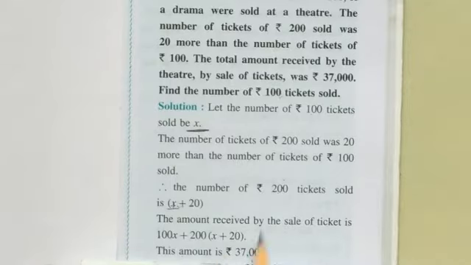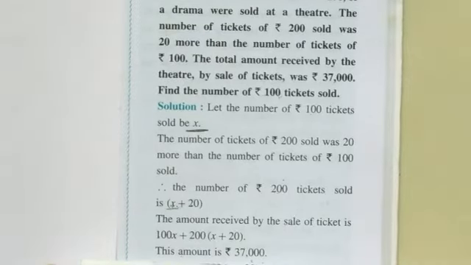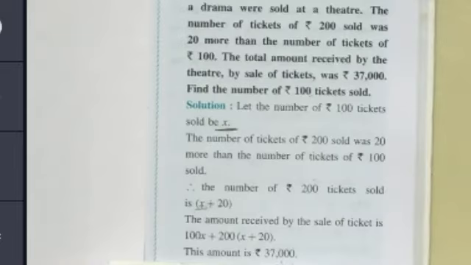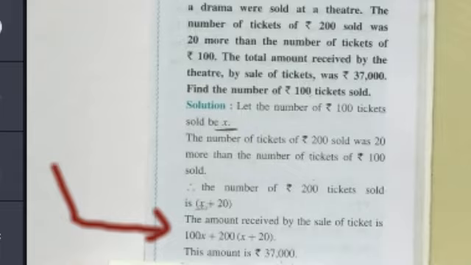So this information we have to conclude into an equation. So let's prepare the equation. Before that, the question may come in your mind why we have written here 100x plus 200 into bracket x plus 20.